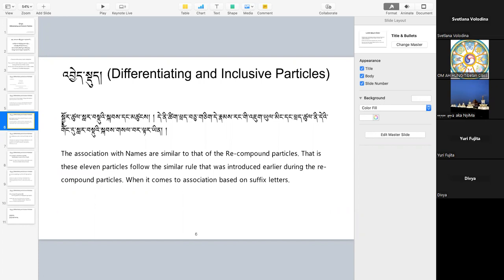And so when you even look at the PDF, you'll find that the same explanation is made. That means the association of these particles with their respective name is similar to the rules that were discussed during the recompound particles. There is no difference. These both are similar, the same.